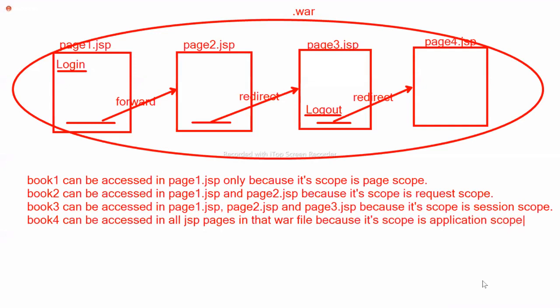That's the difference. Right, this one. Book 1 page scope, within the page only. Book 2 request scope, as long as request is available, up to that you can access. Book 3 session scope, as long as session is available, up to that you can access.